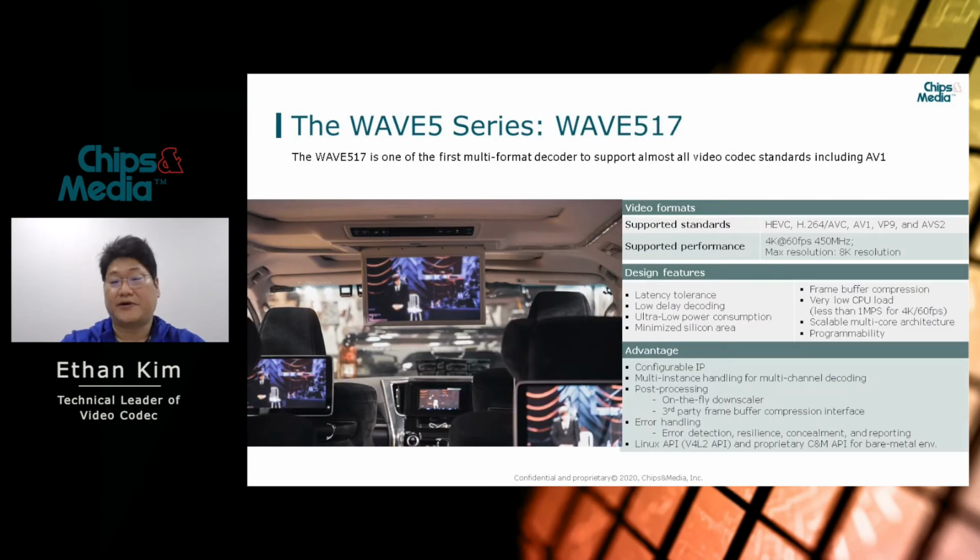The WAVE517 is one of the first multi-format decoders to support almost all modern video codec standards, including AV1. It supports HEVC, AVC, AVS2, VP9, and AV1 standards, and it can support 4K 60 frames per second at 450 MHz operating frequency, even with high burst latency.